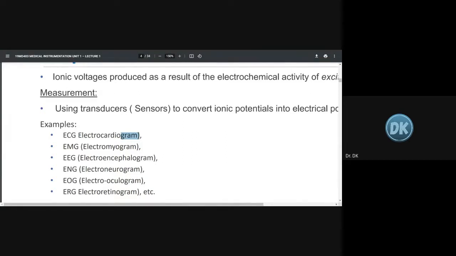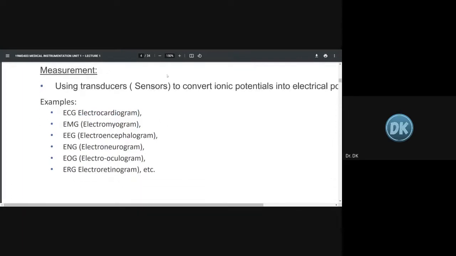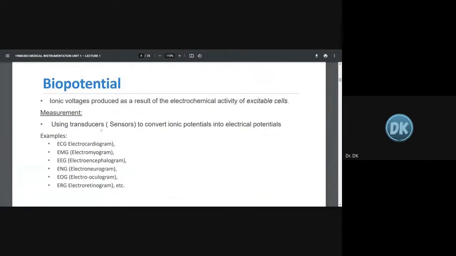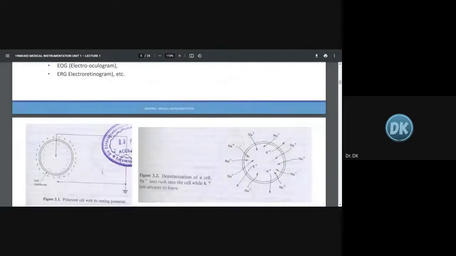Yeah, recorded output signal, ma'am. Very good, very good. So gram is the recorded output signal. Graphy is the technique, and graph is the instrument. So electrocardiogram is the recorded output. So all these biopotentials are measured using the sensors.